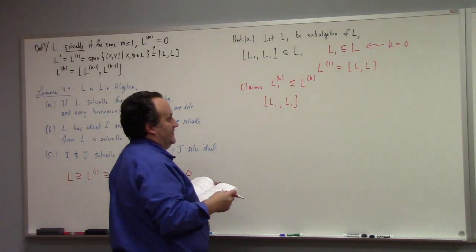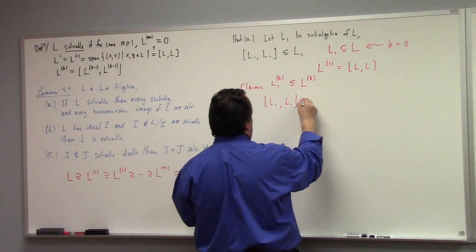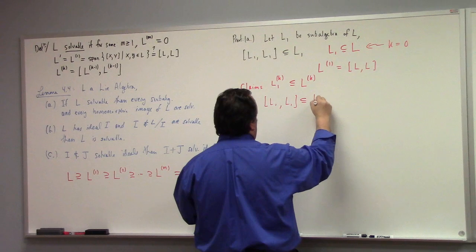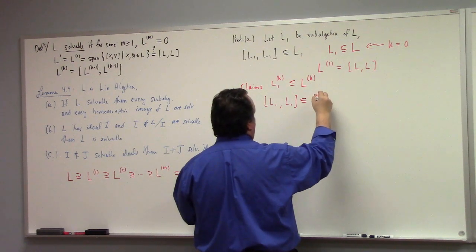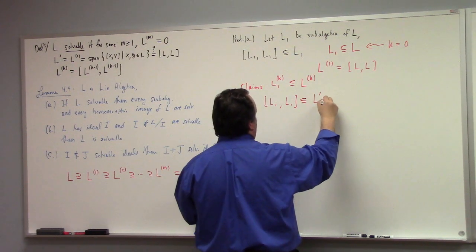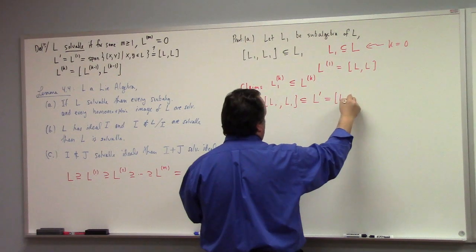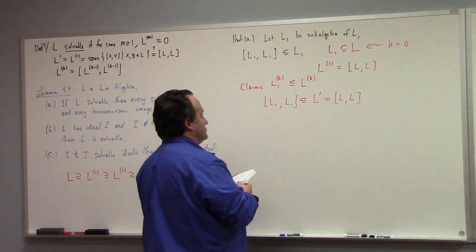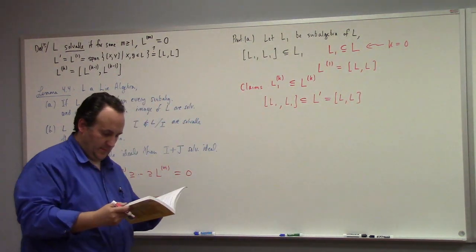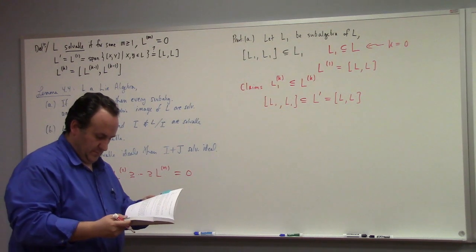He's claiming that that is a subset of L prime, which is the bracket of L with L. Is that obvious?